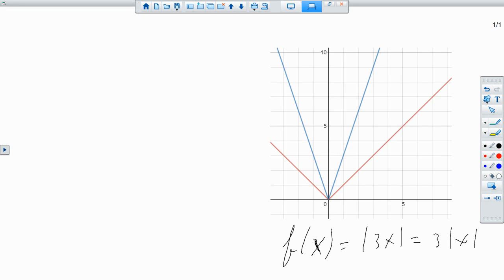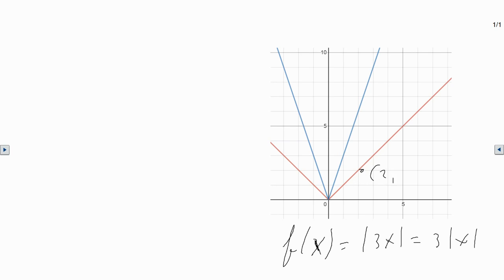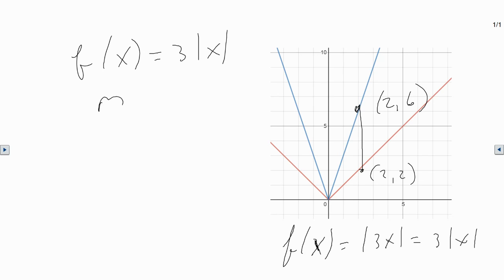So let's take a look at a point on here and see that when we talk about a vertical dilation, it stretches the y values and the x values stay the same. So for instance, if I pick the point (2, 2) on my parent graph, and I see that it goes to (2, 6), I can see that for f(x) = 3|x|, it multiplies y values by 3.